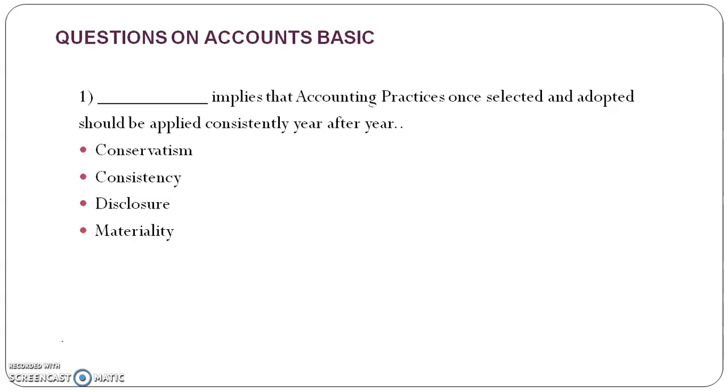Now, without wasting our time, let us start with the first question here, and you can give the answer also, you know it. The first question: dash implies that accounting principles once selected and adopted should be applied consistently year after year. So when you read this word consistently, you can understand that once any method, any practice we have applied, we are applying it consistently, continuously, again and again.